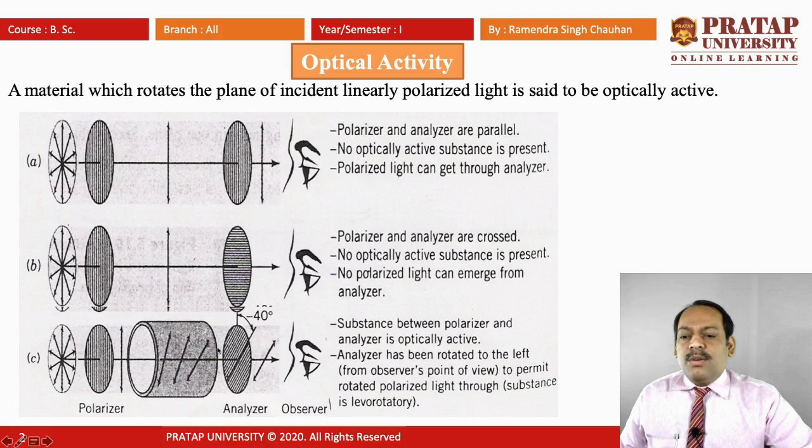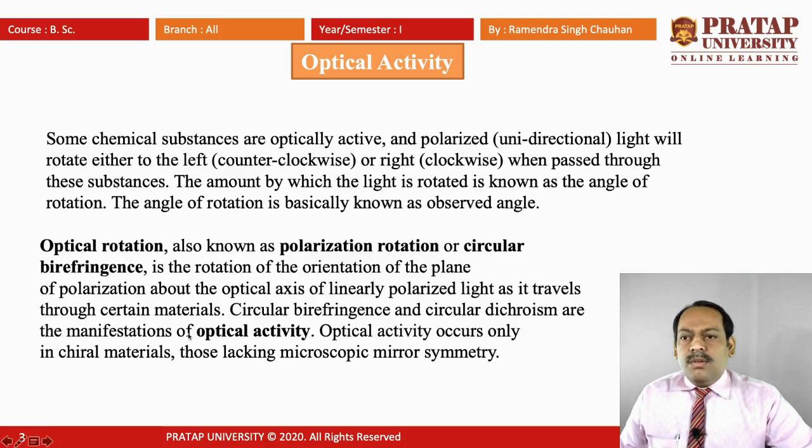When this plane of polarization is rotated, it is not in cross position with the analyzer, and that's why we are able to see some light through our eyes. So some chemical substances are optically active, and polarized light will rotate either to the left or right when passed through these substances.